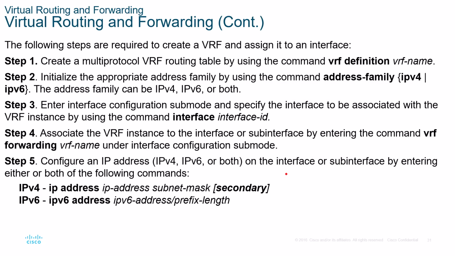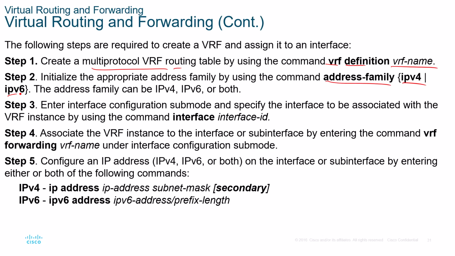So setting up the VRFs, we have to follow a general rule. The steps are: first, create a multiprotocol VRF routing table using vrf definition and give it a name. Second, initialize the appropriate address family, either IPv4 or IPv6, or both if that's determined to be the most appropriate option.